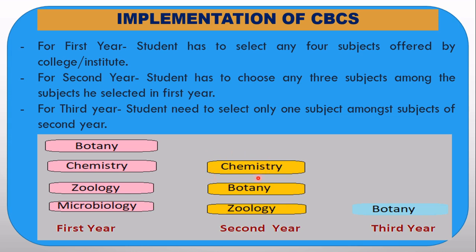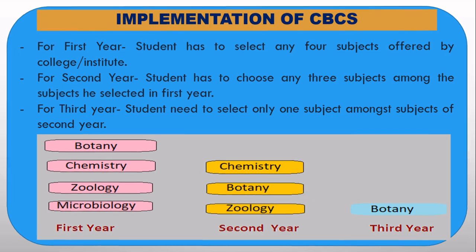Means for second year he has to select only 3 subjects out of the subjects he selected for first year. In third year, the student has to select only 1 subject. Suppose that student has selected this specialization, botany, out of all these subjects. So this is the criteria for subject selection for different years, that is first year, second year and third year.